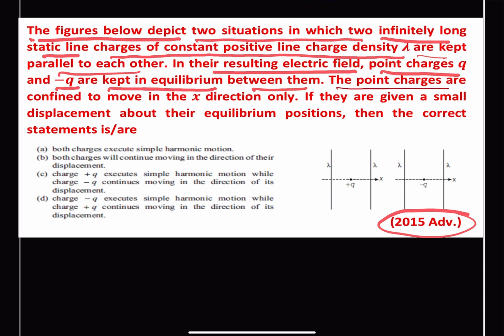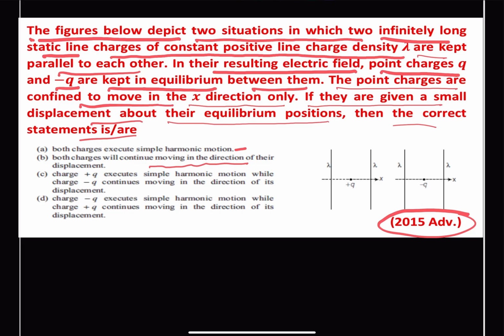The point charges are confined to move in the x direction only. If they are given a small displacement through their equilibrium position, then the correct statement is or are. So basically it is about whether they perform SHM and their direction of the motion. All the options are like that only.